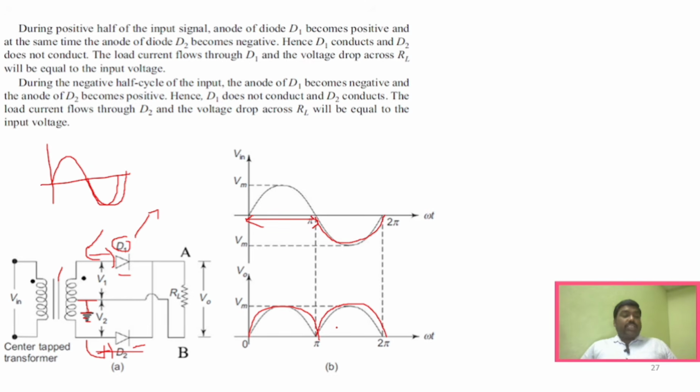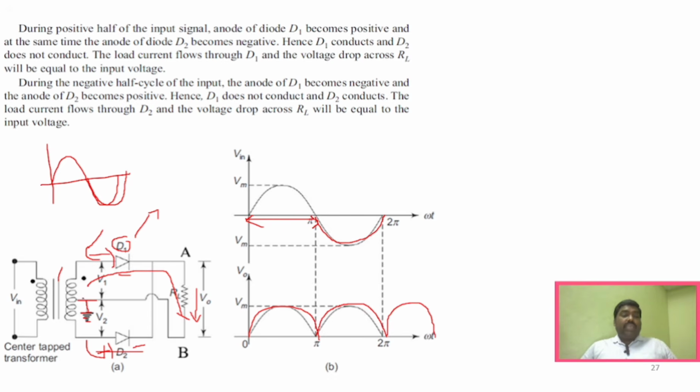That is because even during a positive half cycle or negative half cycle, the current flows through this load resistor RL in the same direction, right? And that is why we are representing this waveform in the same direction, both in positive cycle and negative cycle.